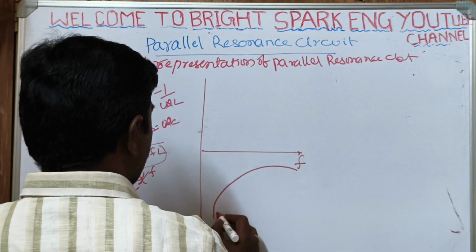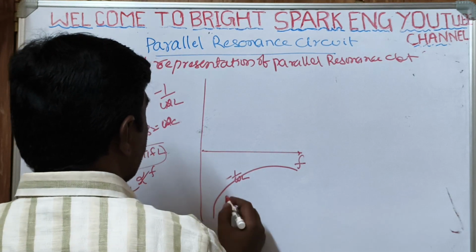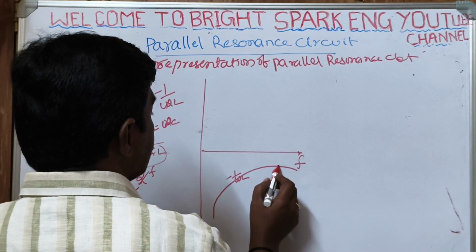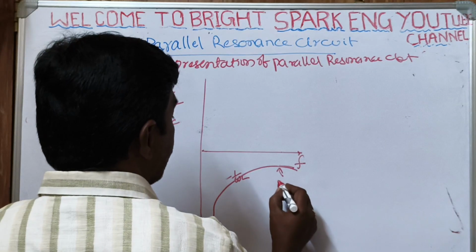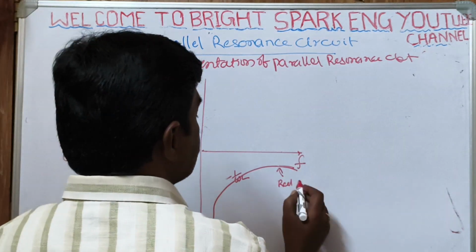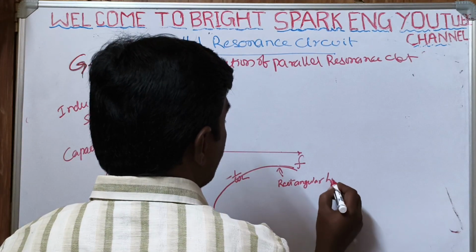This is the omega L, minus of 1 by omega L curve. As frequency goes on increasing, 1 by omega L decreases. Thus the curve shape is a rectangular hyperbola.